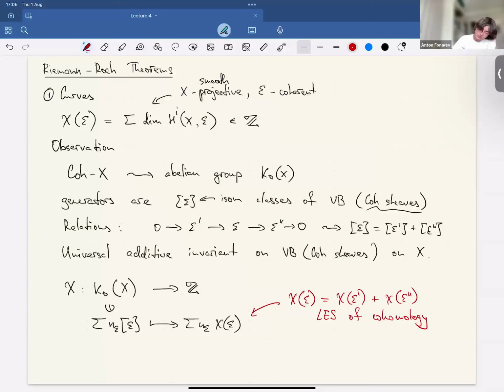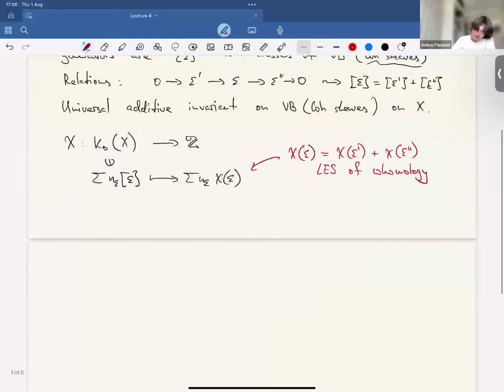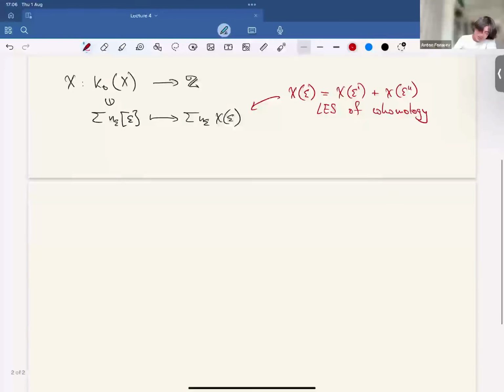So this is our first kind of ingredient, and the second ingredient comes from, so let's rewrite it properly. Say if X is of dimension d, then we know that cohomology of degrees higher than the dimension vanishes.